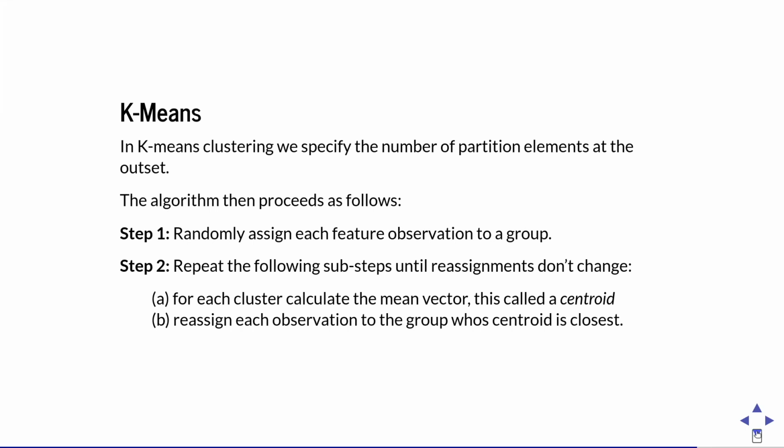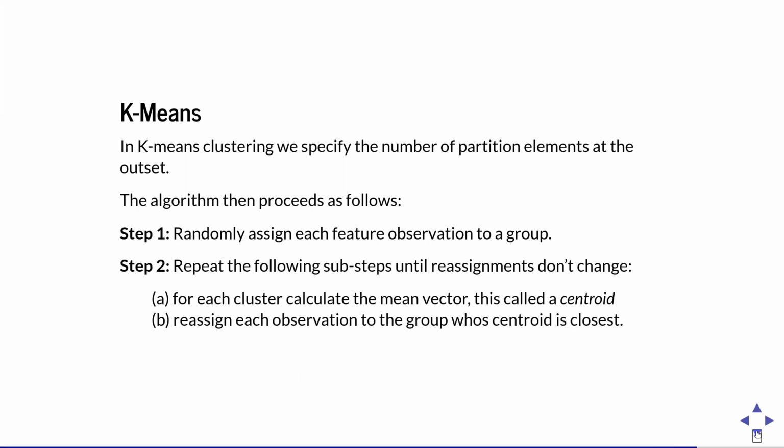So, here's how the k-means algorithm proceeds. You're going to randomly assign each feature observation to a group, just at random, to one of your n groups that you've predetermined. And then you're going to repeat the following until reassignments don't change. For each cluster, you're going to calculate the mean vector.